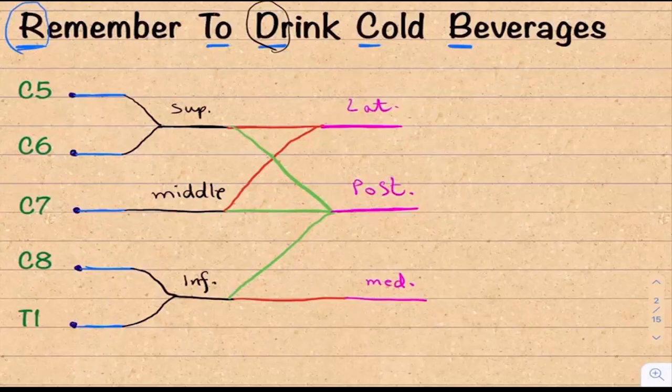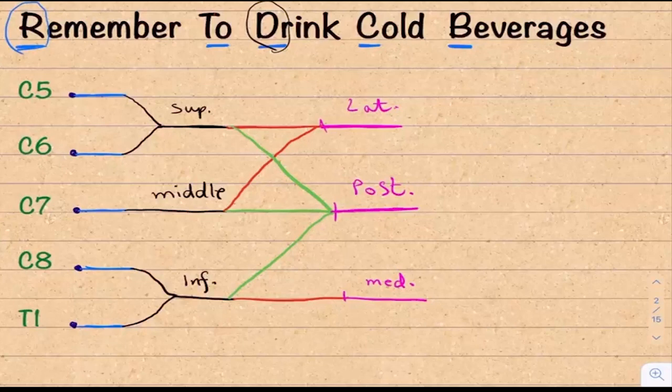So starting from this level here, the axillary artery divides the brachial plexus into lateral cord, which runs lateral to the axillary artery, medial cord, which runs medial to the axillary artery, and posterior cord, which runs posterior to the axillary artery. This is just why they were named lateral, medial, and posterior.